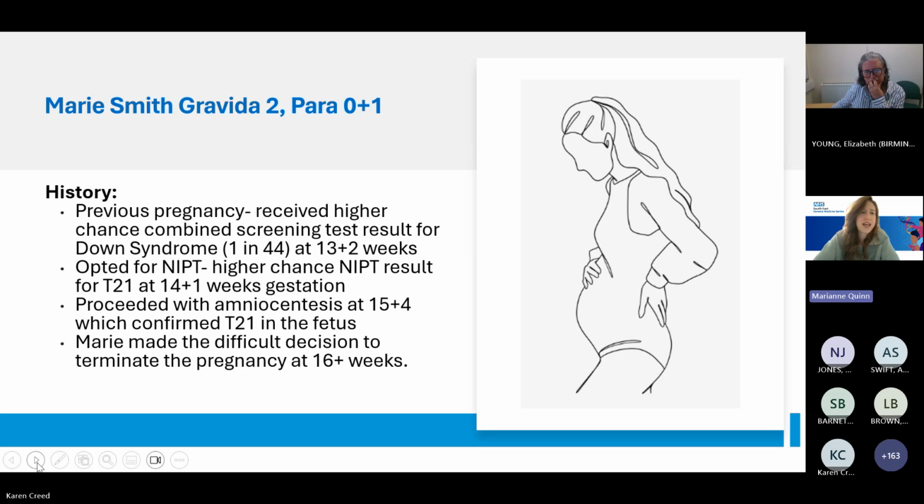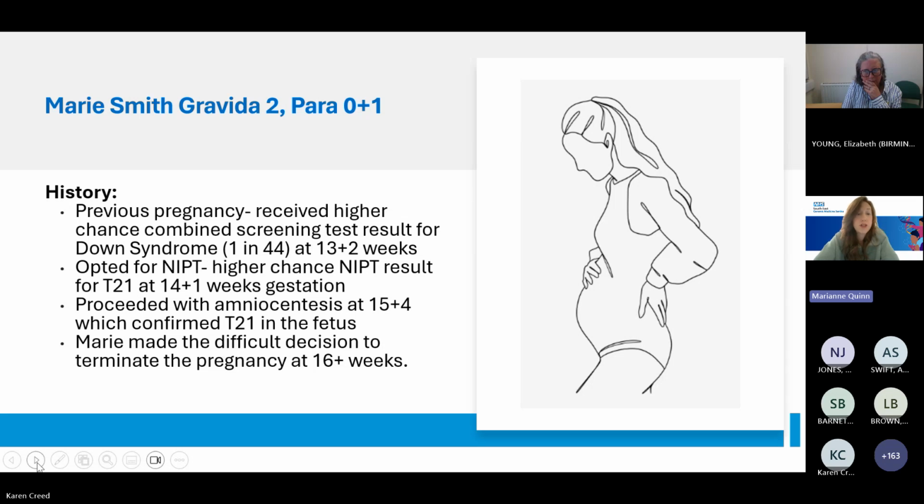So the name has been changed, but for the purpose of this, we've got Marie. This was her second pregnancy, and in her previous pregnancy, she received a higher chance combined screen test result for Down syndrome of 1 in 44, at just over 13 weeks.